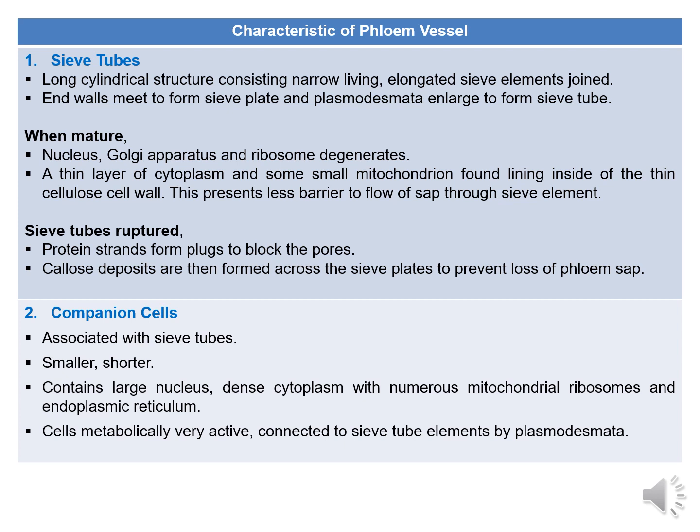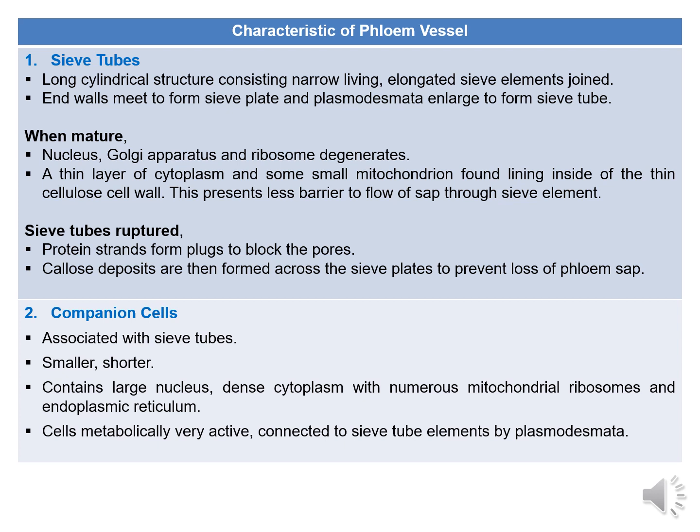There must be a certain problem, difficulty, or malfunction if the phloem vessel, especially the sieve tube, ruptures. So how do plants mitigate this situation to reduce the malfunction?